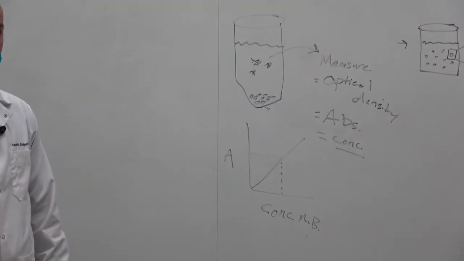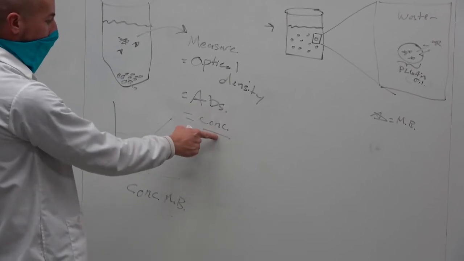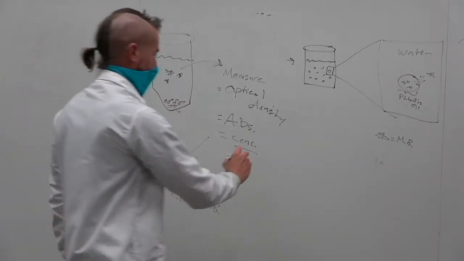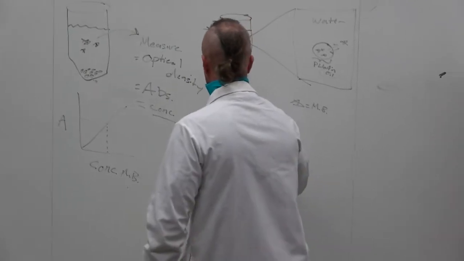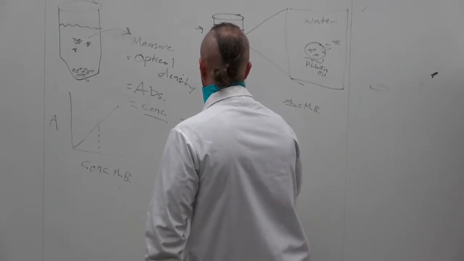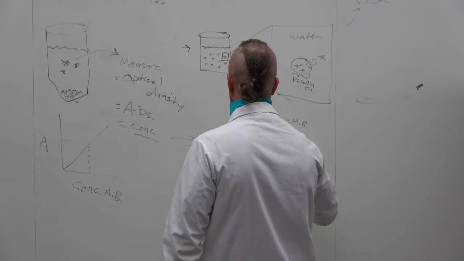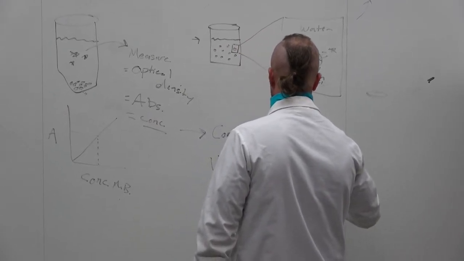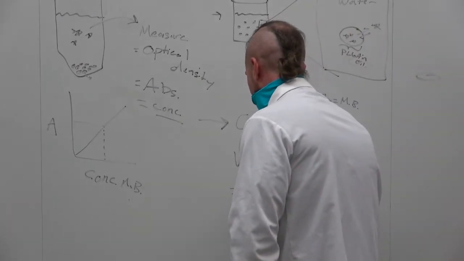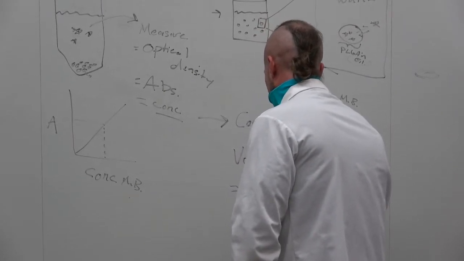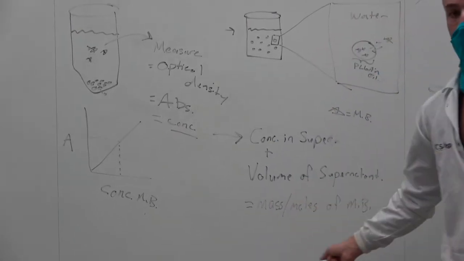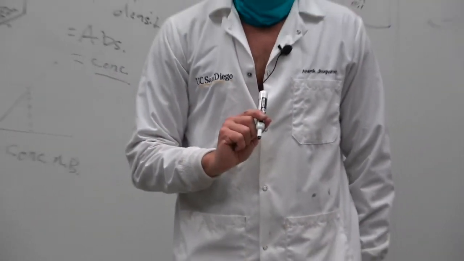Basic stuff, okay? So then, once you know the concentration in your supernatant, plus the volume of supernatant, you can determine the mass or the moles of methylene blue that is not in your nanoparticles, right?